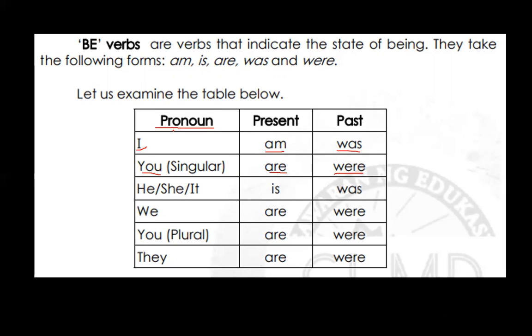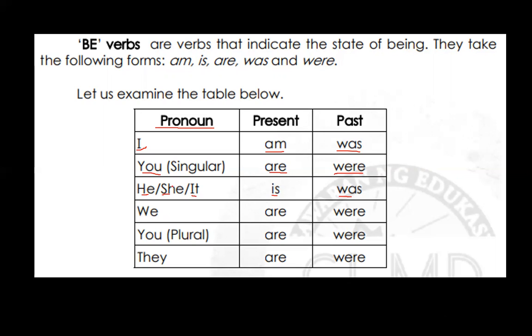Now for the singular pronouns he, she, or it, again, these are still all singular pronouns. Now we use the present form "is" and the past form "was." We use "he" if we are talking about a boy.